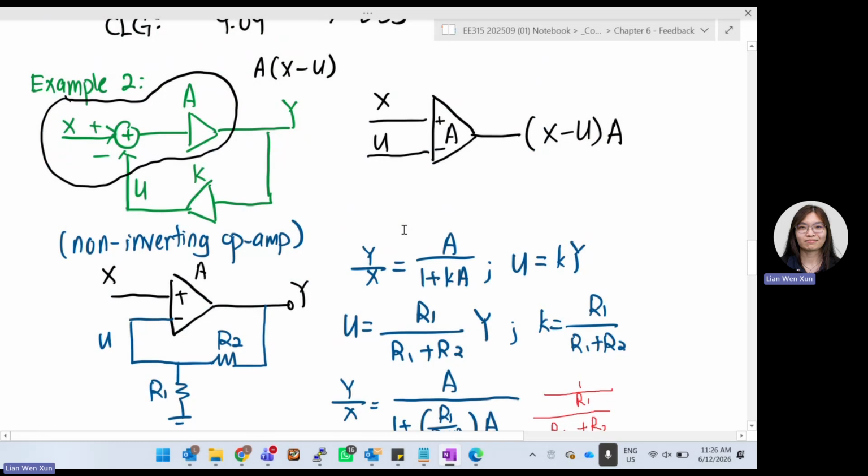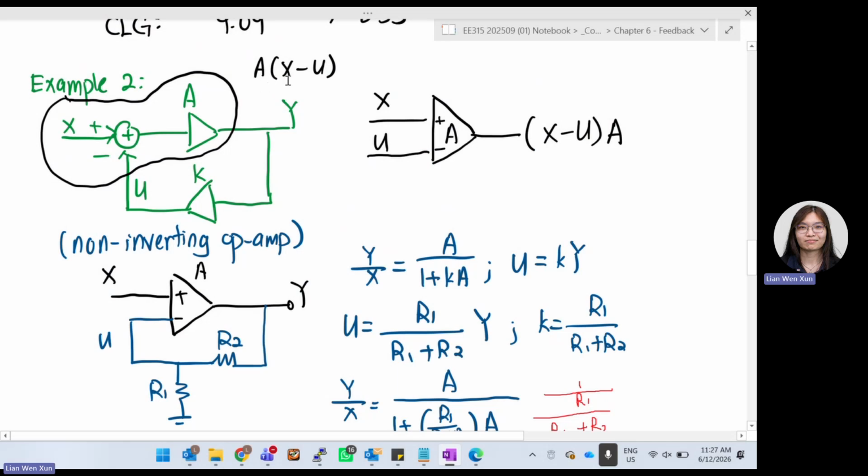Okay, let's look at the second example. This example actually looks like your op-amp system. We can have a look at this whole thing. We can say that this whole thing is basically A times (x minus u), because the output of here is A times (x minus u).